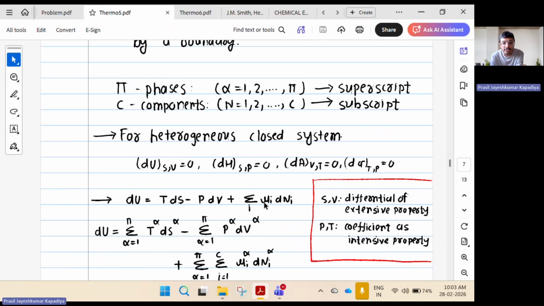What can be the reason? The reason is that S and V are extensive properties, and in dU, S and V are differentials of extensive properties, and P and T are intensive properties. Those are the coefficients of those extensive properties. So it was chosen by Gibbs.